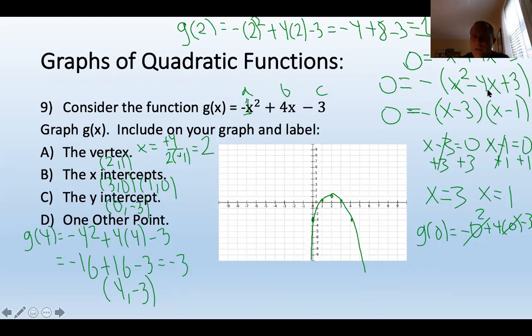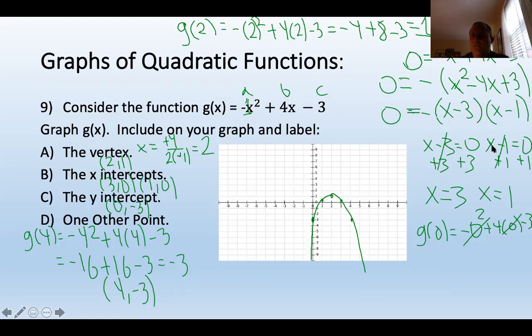And then set your factors equal to 0 and solve them for x. So x minus 3 equals 0. To solve that for x, you would want to add 3 to each side to cancel the -3 out. So you'd have x equals 3.